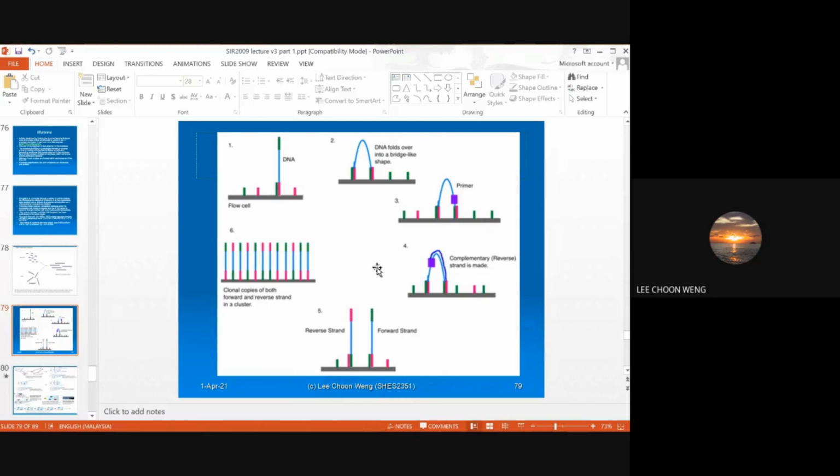So this is where the clonal or bridge amplification occurs. Okay, so through several steps, sequencing will occur to generate a lot of clonal copies, either forward and reverse, all coming together at one spot.